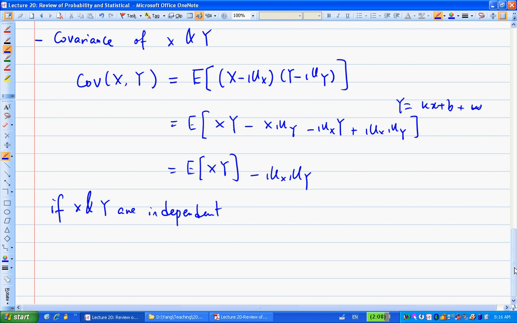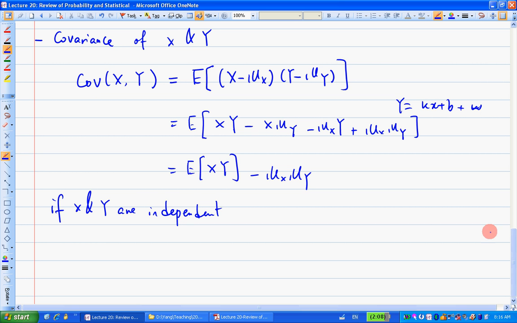It basically means they don't rely on each other. The occurrence of one doesn't affect the occurrence of the other. Based on the meaning of covariance, covariance tells you the relationship between the two random variables. So technically, if they're independent, they don't have any relationship, then the covariance is supposed to be 0. Does that make sense?